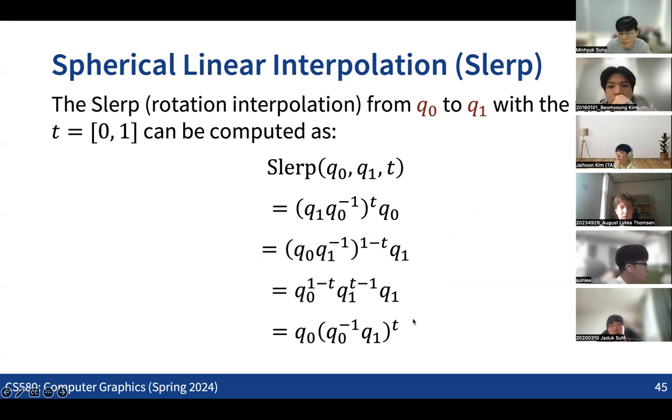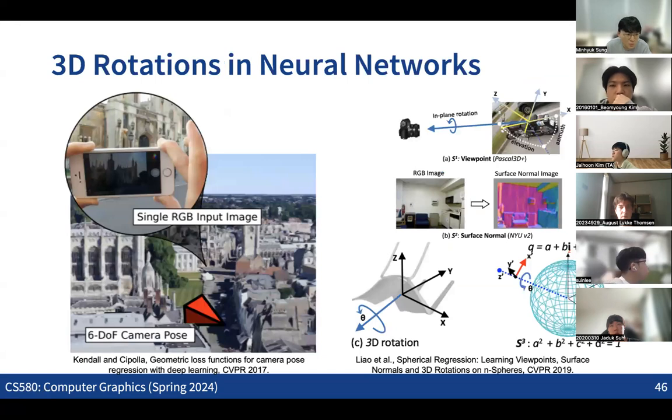And one quick final remark is that we can also think about how we are going to use these representations of the 3D rotations in neural net tasks. This is not a machine learning or deep learning course, but there can be many graphics-related applications where you might need a neural net that predicts 3D rotations, right?